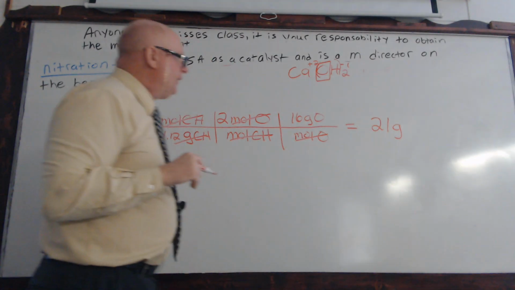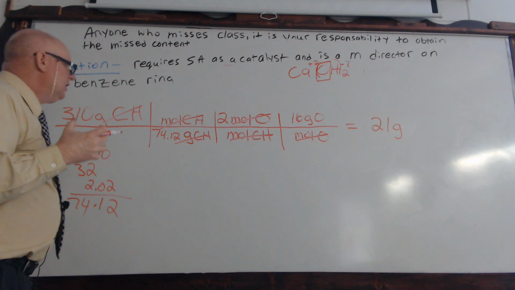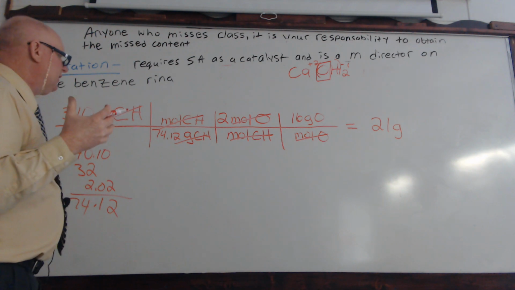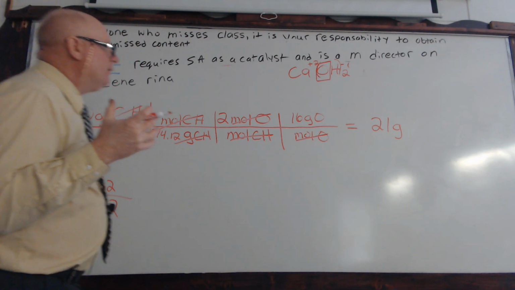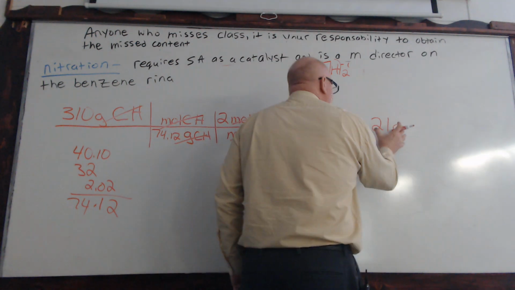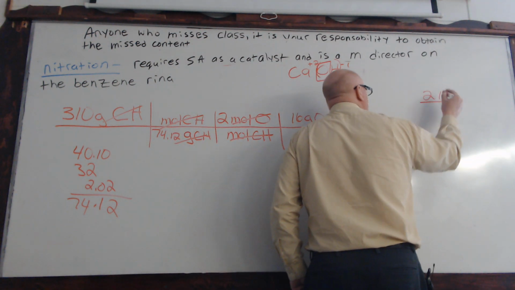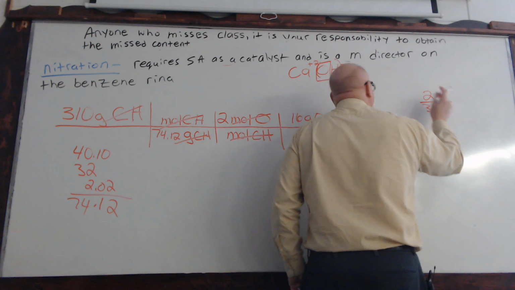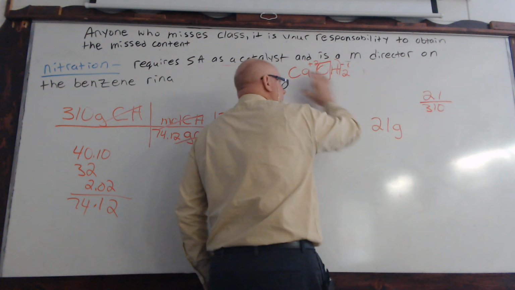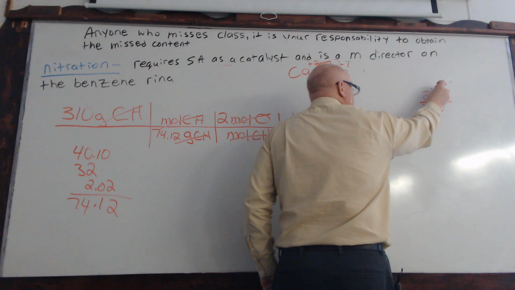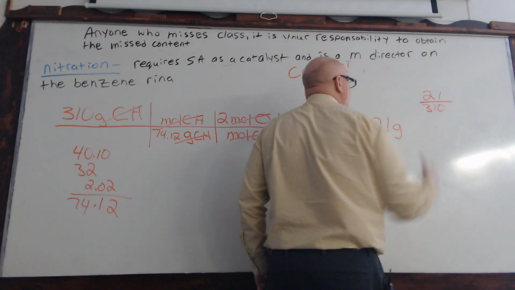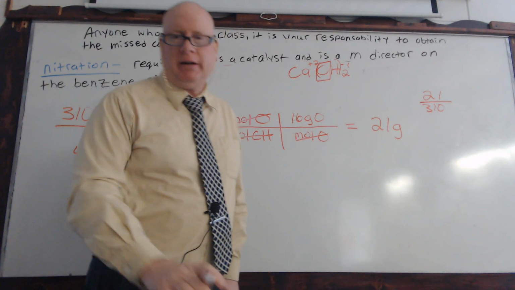So if this was a percent composition, it's not that difficult. If there's 21 grams of this, what's the percent composition? Well, you'd have 21 divided by 310, because 310 is what you started with, and that would give you your percent composition.